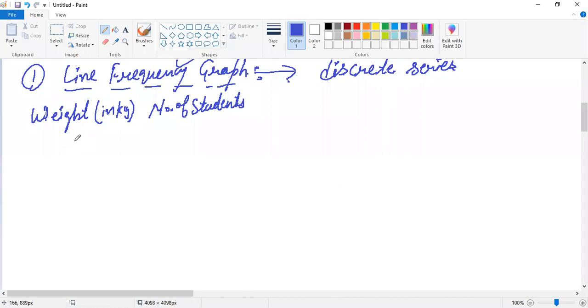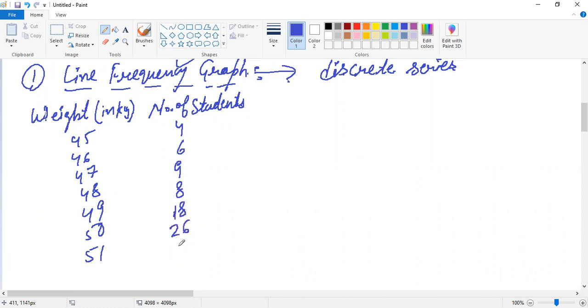Weight in kg is 45, 46, 47, 48, 49, 50, and 51. And the number of students are 4, 6, 9, 8, 18, 26, and 15. Dear students, now we make a line frequency graph. First of all, weight of the student is taken on the x-axis and number of students on the y-axis.